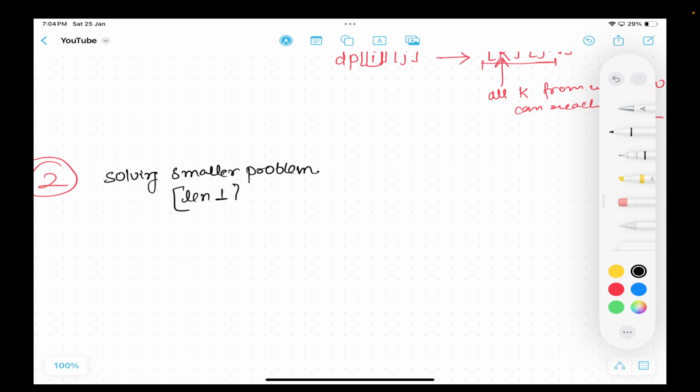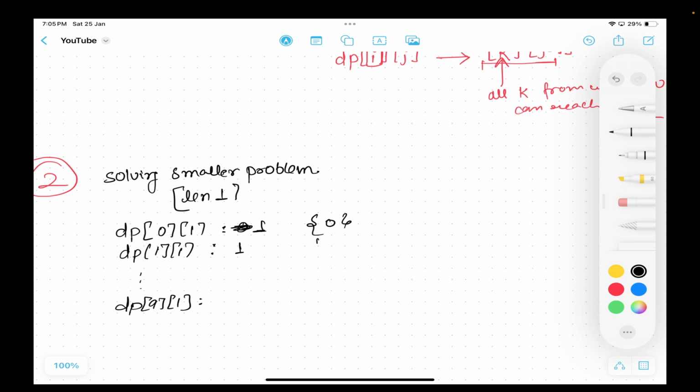So DP of 0 and 1, DP of 1 and 1, up to DP of 9 and 1. For 0, a length 1 number will be 0 itself, so there is one way and the number is 0. Similarly for all of them it is one way, the number itself. So length 1 is always the number itself.